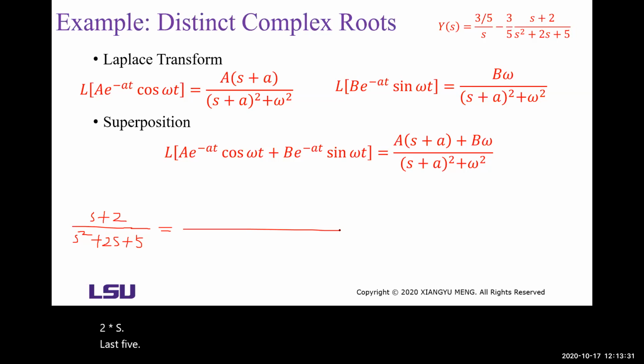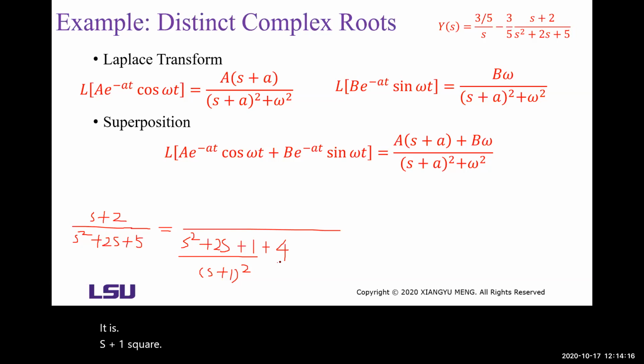Let's first work on the denominator. The denominator can be written as s squared plus 2s. Let's write 5 as 1 plus 4. Then for the first 3 terms, it is a complete square, s plus 1 squared.